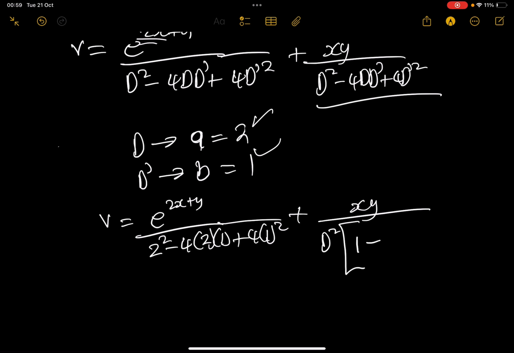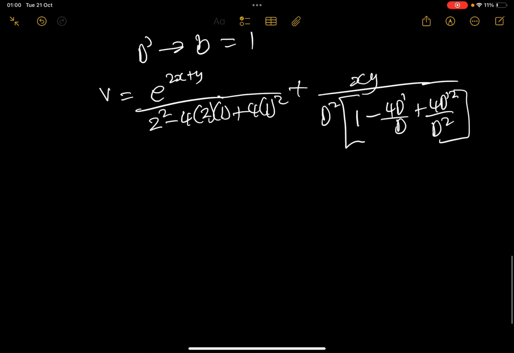You're going to get 1 minus 4D prime over D plus 4D prime squared over D squared. So this is what you get. Now simplify this. You're going to get e^(2x+y) over, if you calculate the denominator, 0, plus.